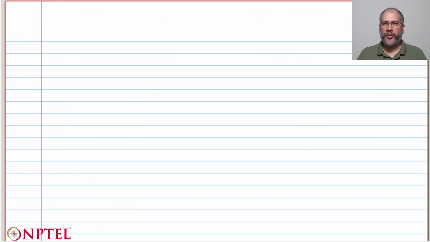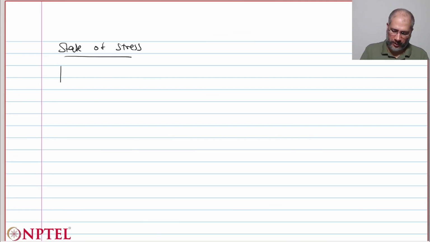Now let us move to the second part of the discussion today, which is about the derivation of the Cauchy stress formula. So let's talk about the motivation of the Cauchy stress formula first. In the last lecture, we talked about the state of stress. We mentioned that the state of stress is basically an array or a list of the vectors n hat and the corresponding traction vectors t n hat.